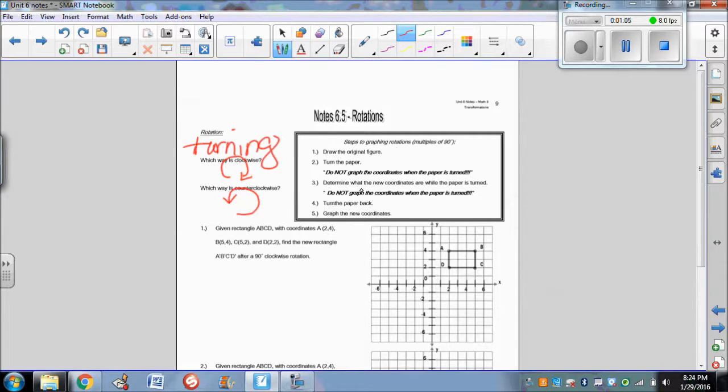So in this box here I've summarized the steps to graphing rotation, multiples of 90. A 90-degree rotation is a quarter of a turn. If you think about a multiple of 90, let's add 90 plus 90 and get 180. So a 180-degree rotation is half a turn.